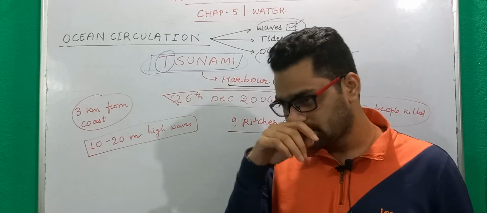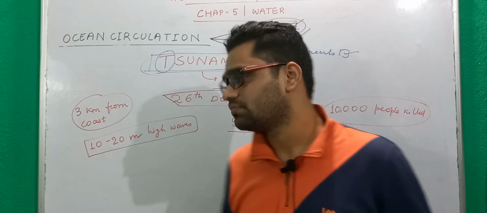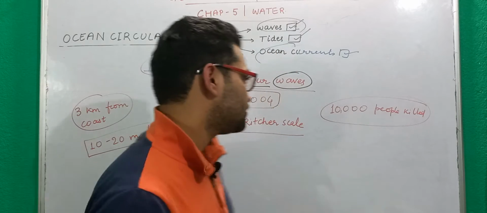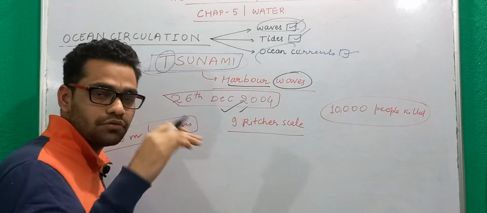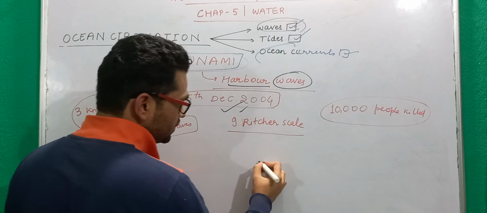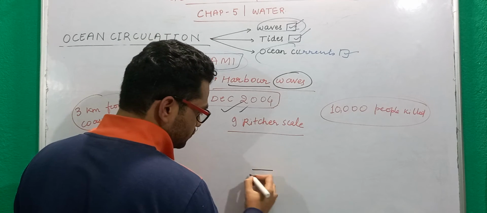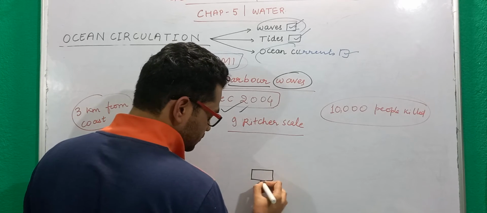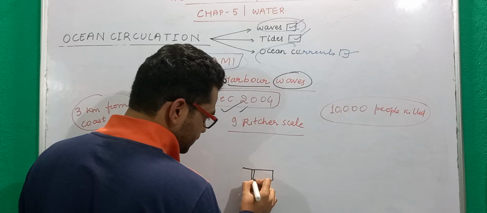Now what happened on 26 December 2004 was that two plates were interacting with each other. Now we have looked into the continental plates interaction. So suppose two plates were interacting with each other.